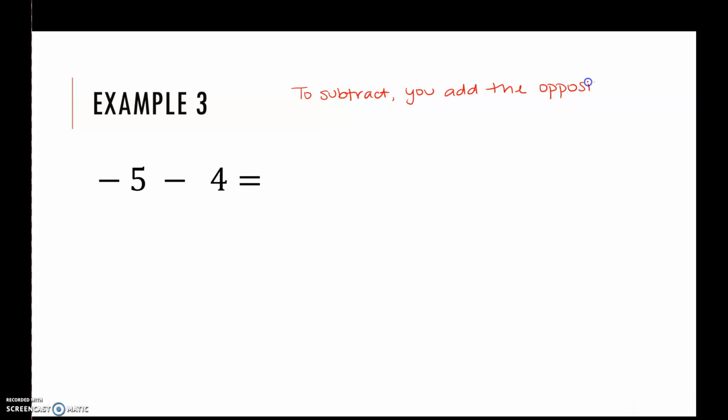Go ahead and write it again because this is super important. So to subtract, you add the opposite. There are lots of different tricks. One way you can say is boom, boom. Another way I think of it is to draw 2 lines. Either way, however you want to remember it.